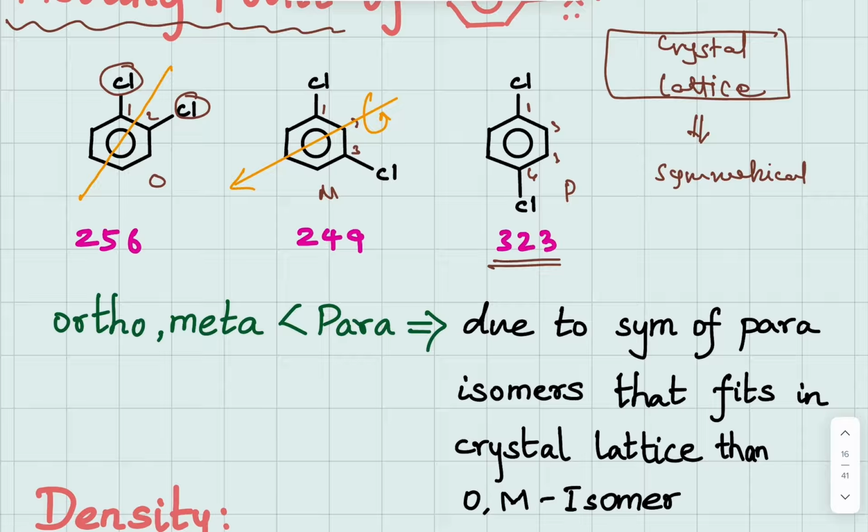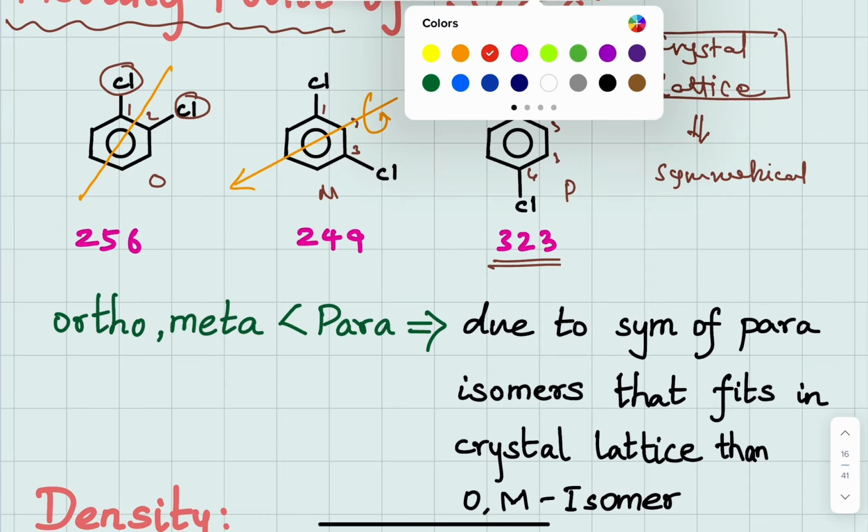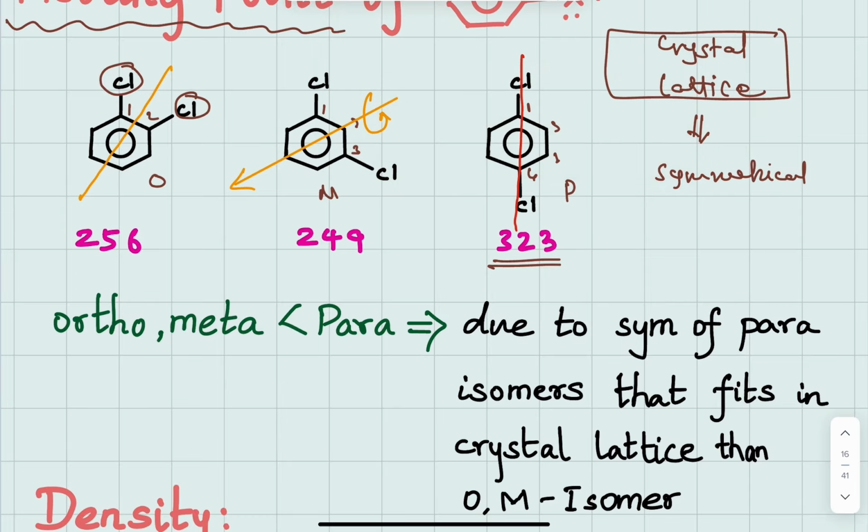What about the para position? In the para position, this is one of the possible rotations. Number one, if I rotate by 180 degrees, I get a similar structure. This is another possibility: if I rotate by 180 degrees, I get a similar structure.